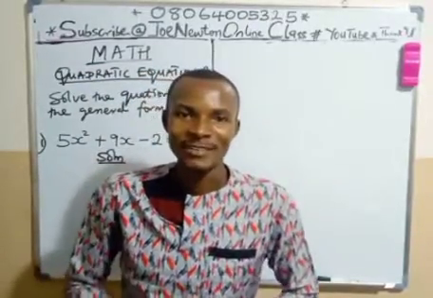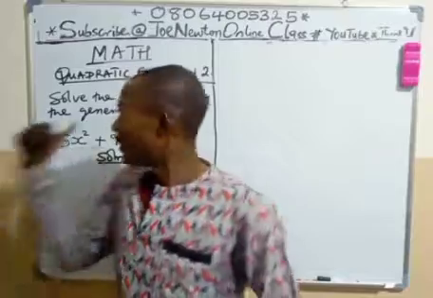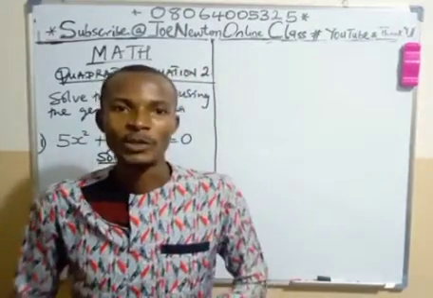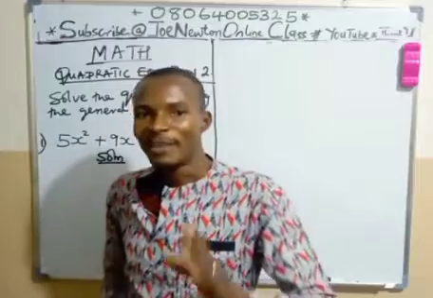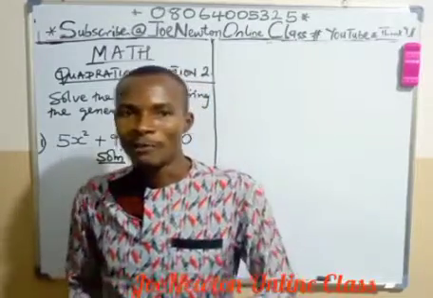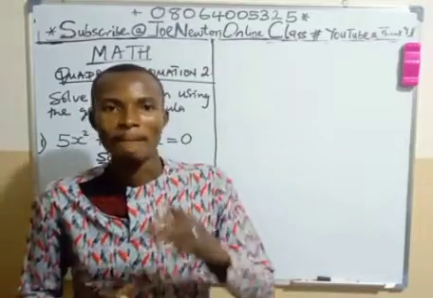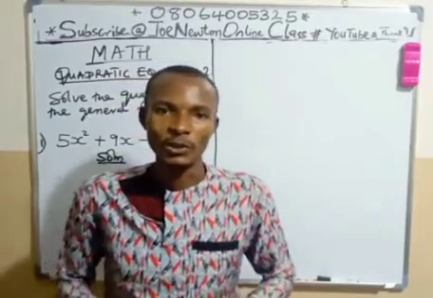In this particular class, I want us to treat this topic on the board, and that is quadratic equation. Now, in this class, we are going to solve this question on the board using the general formula method of solving quadratic equation.